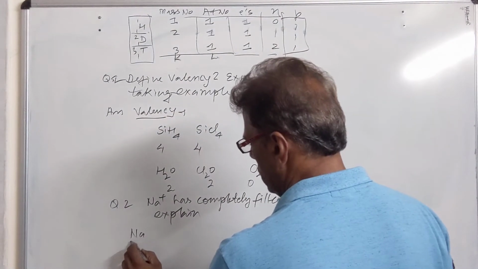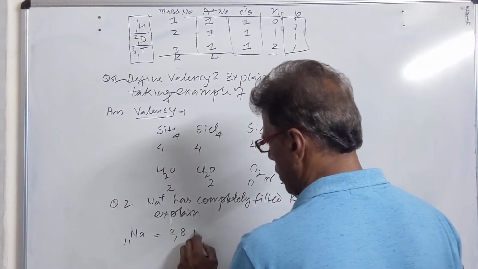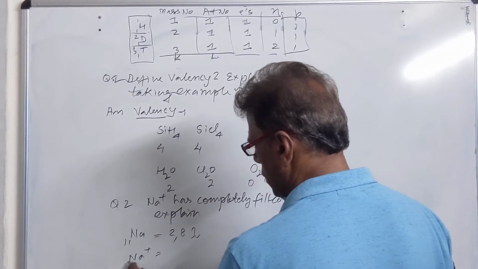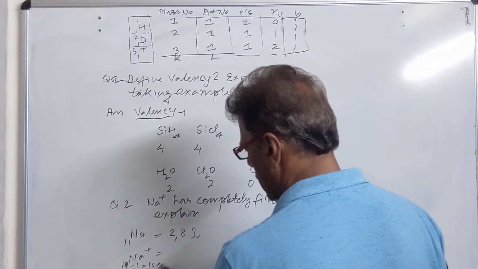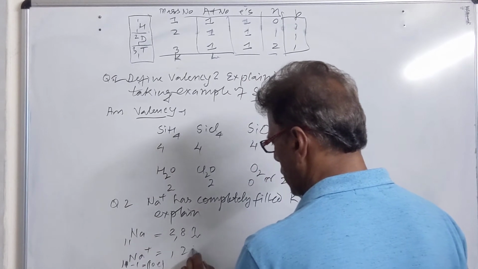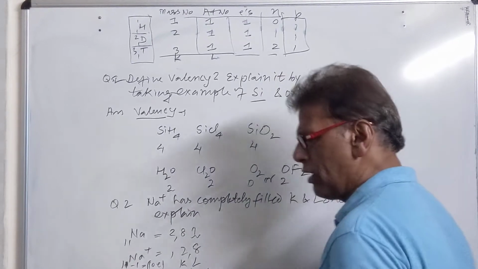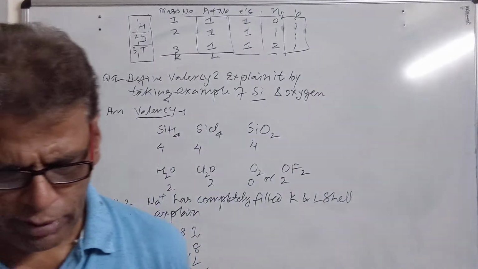If we take the configuration of neutral sodium, it will be 2, 8, 1. When it loses one electron, it acquires positive charge. Now atomic number 11 minus 1, it will be having 10 electrons. So its configuration will be 2, 8. It has K and L shells completely filled in this case. So this is the configuration of sodium ion.